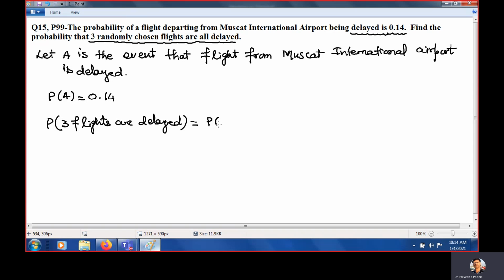So we need the first flight delayed and the second flight delayed and the third flight delayed. And means multiply. So 0.14 into 0.14 into 0.14. Now use the calculator.